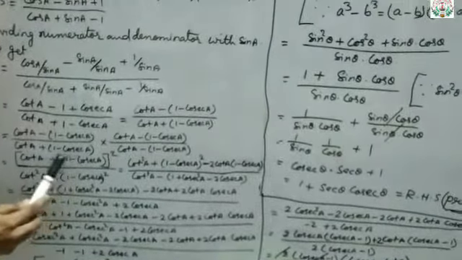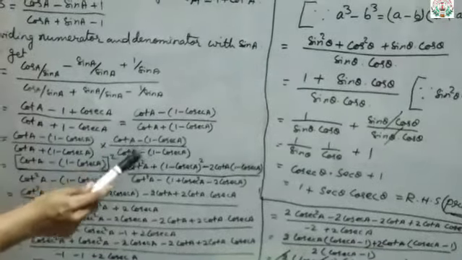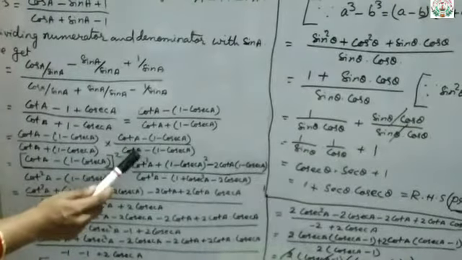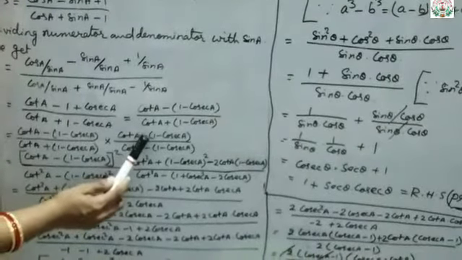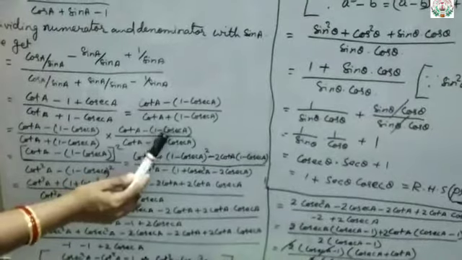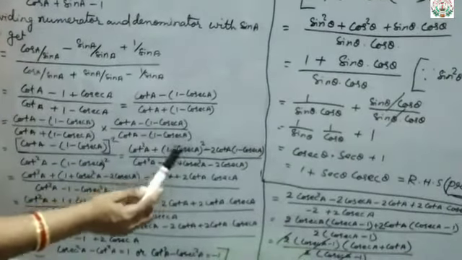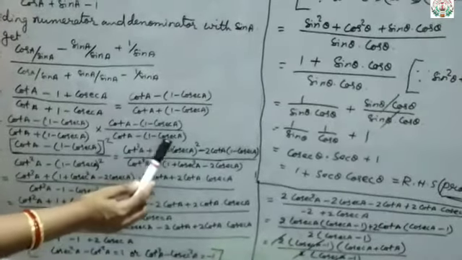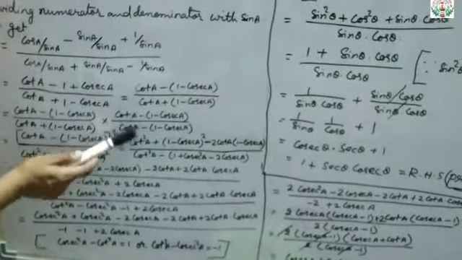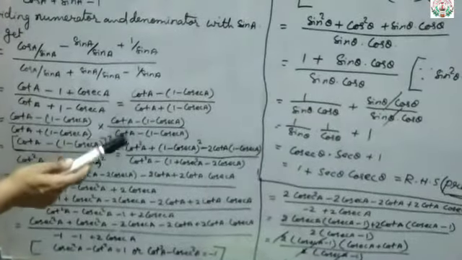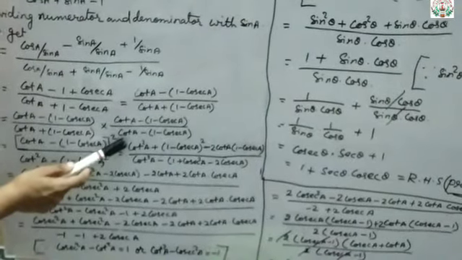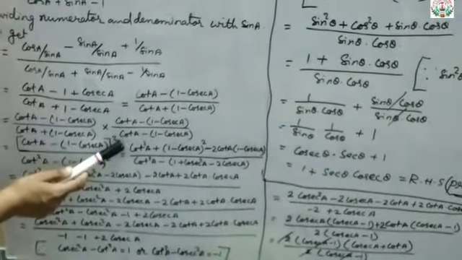Terms will be same, only the sign will change, in the numerator and denominator, same terms. That is cot A minus within bracket 1 minus cosec A upon cot A minus within bracket 1 minus cosec A. You can see the same term we are multiplying to the numerator and denominator. This is called rationalization. We have done it in class 9.